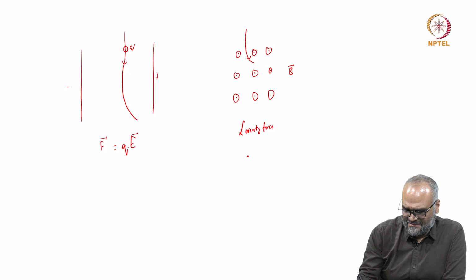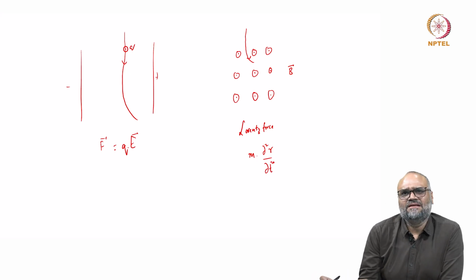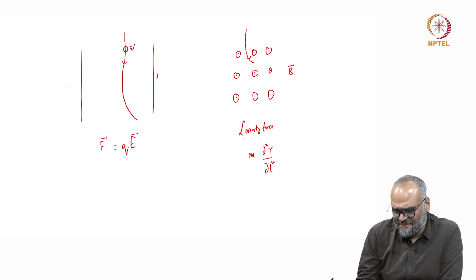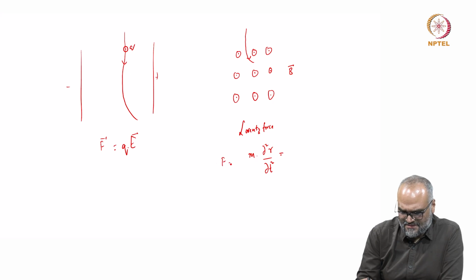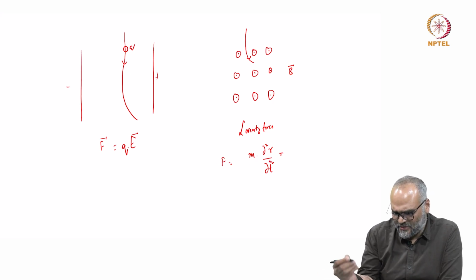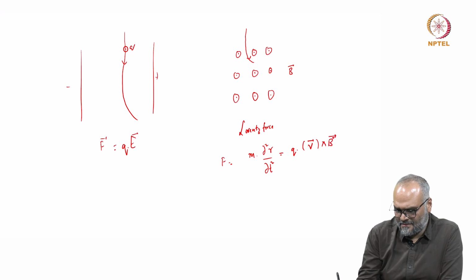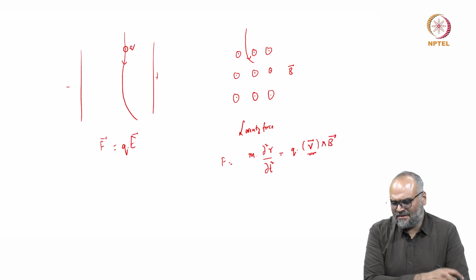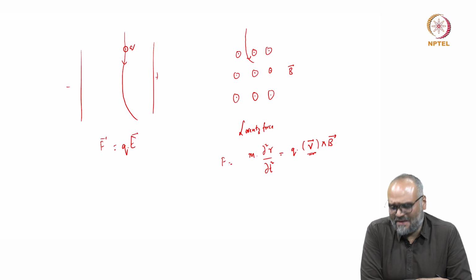Now, how do I quantify this Lorentz force? So, if I write m as the mass of the particle, and let us say I use the radial coordinate system to describe the movement or the path of this particular charged particle, the force, which is mass times the acceleration, just going by Newton's law to start with, is given by the expression where v bar is the velocity of the particle.